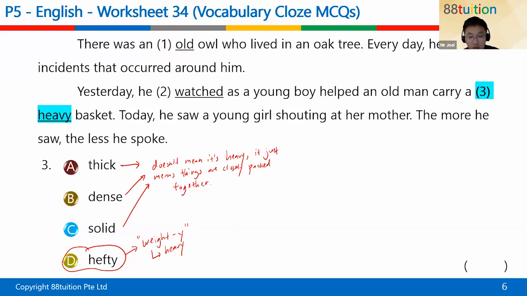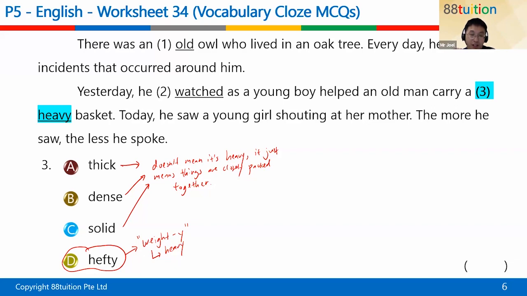So for example, I hold a can of sardines, right? When I open the can of sardines, you will see that the sardines are being packed very densely within the can. But is a can of sardines actually heavy or hefty? No, but it is packed very densely.